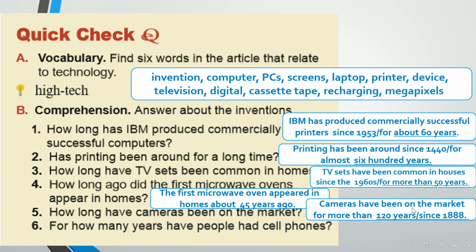Cameras have been on the market for more than 120 years, since 1888. Number 6. For how many years have people had cell phones? People have had cell phones for about 35 years.